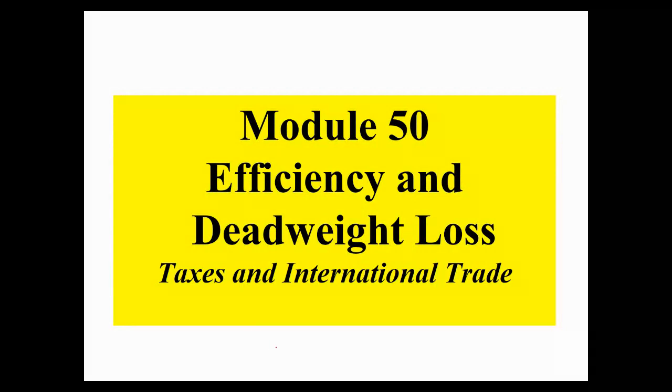So if we remember, we talked about the ideas of consumer and producer surplus, this being consumer surplus and then producer surplus down here. And then we said total surplus is producer surplus plus consumer surplus.